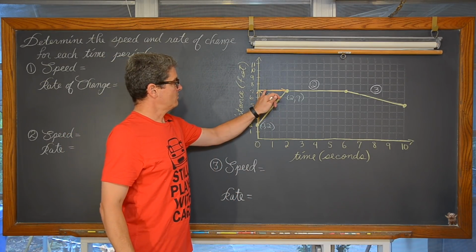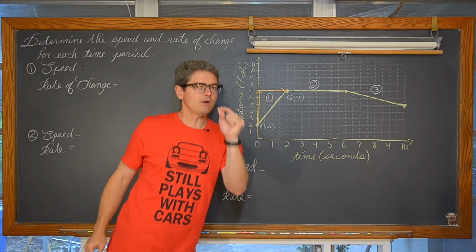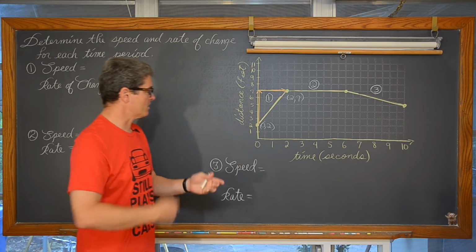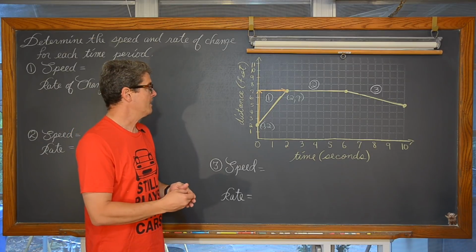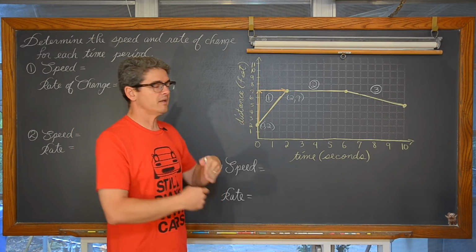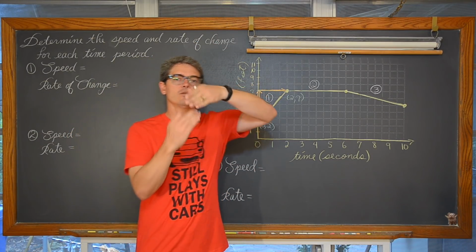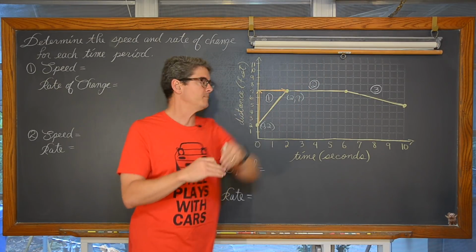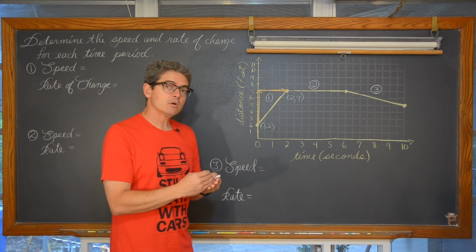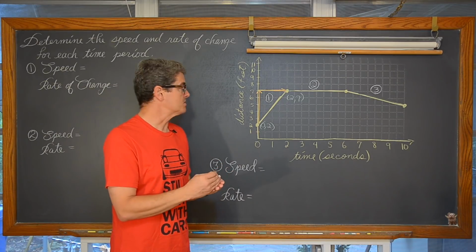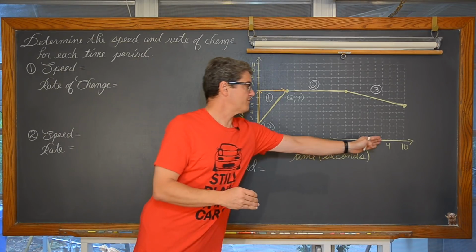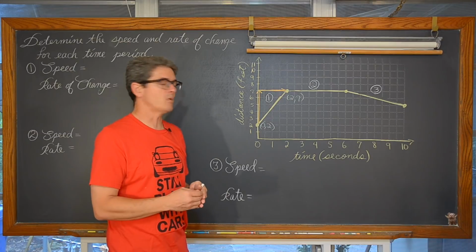Now I said 1, 2, 3, 4, and I almost made a crucial mistake, a critical mistake that my students make all the time. When you start looking at a graph and identifying how much you've risen over how much you've run, your rise over run, make sure you pay attention to the units of measure along the x and y axis.